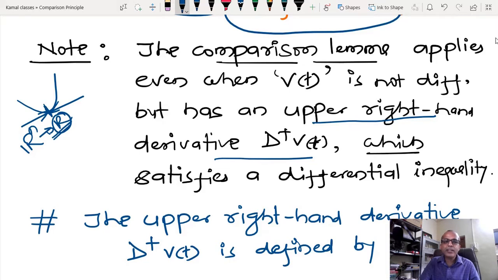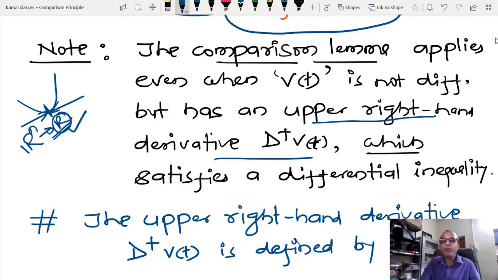In this lower dimensional space, it is possible to show that even if you define a function which is not completely differentiable, but only has an upper right hand derivative, we will see using one example in today's lecture, I can still apply the comparison lemma, because the comparison lemma is applicable in one dimension.